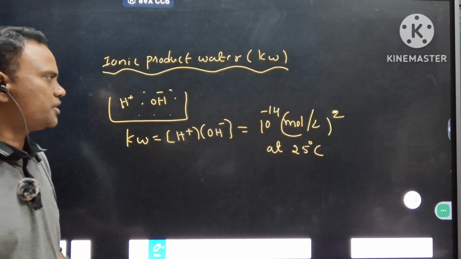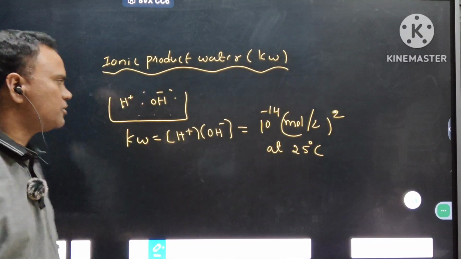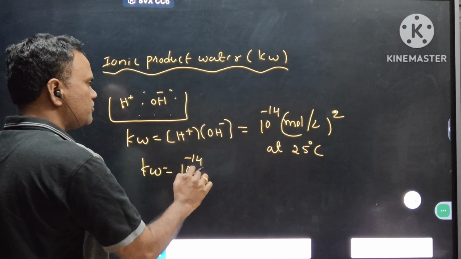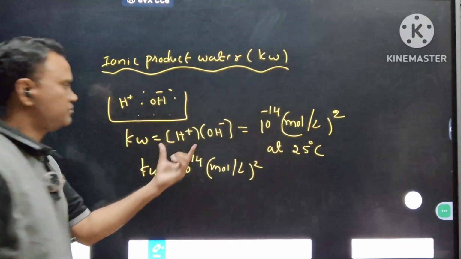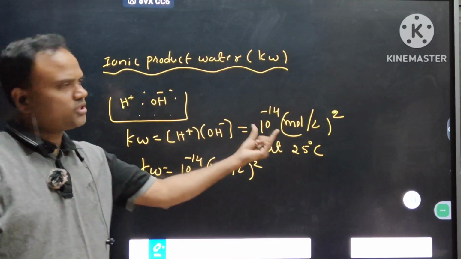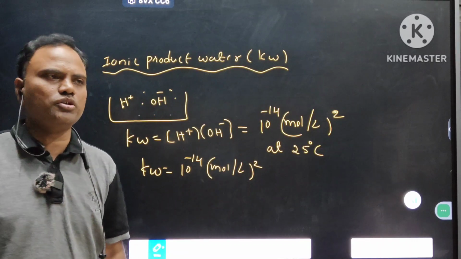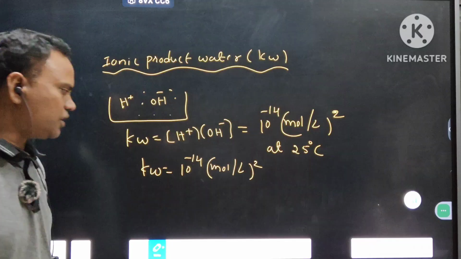H plus into OH minus is equal to 10 to the power of minus 14 mole per liter whole square. So Kw value can be taken as 10 to the power of minus 14 mole by liter whole square. Here, at which temperature? 25 degrees centigrade.